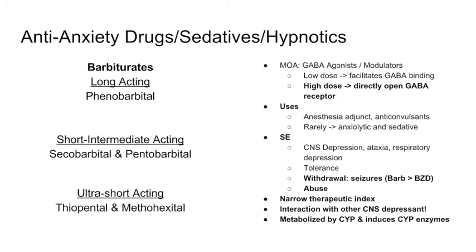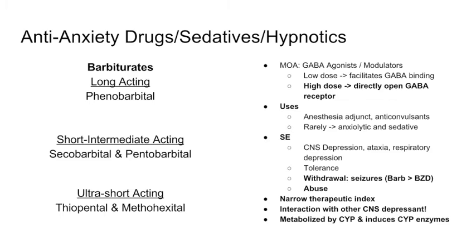With our benzodiazepines, we're increasing the frequency of the GABA receptor opening. We're modulating that. With the barbiturates at higher doses, we're directly opening the GABA receptor. Extremely important to remember. And it sort of makes sense. Our barbiturates are our stronger, much more dangerous, higher side effect profile drug.